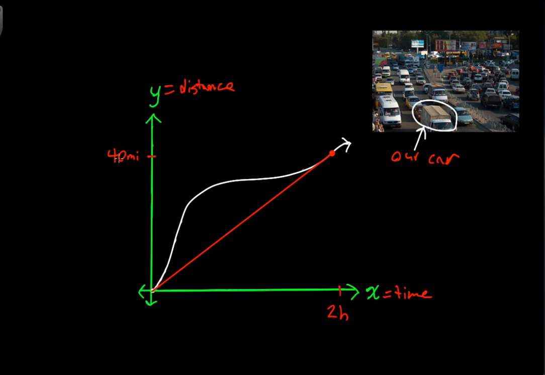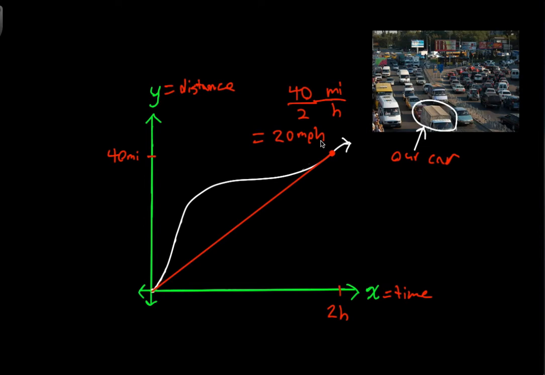So our average together is the total distance traveled divided by the total time. It's just going to be 40 divided by 2 miles per hour. We could combine that if you want, which is just going to be 20 miles per hour. That's just our average over the whole time.